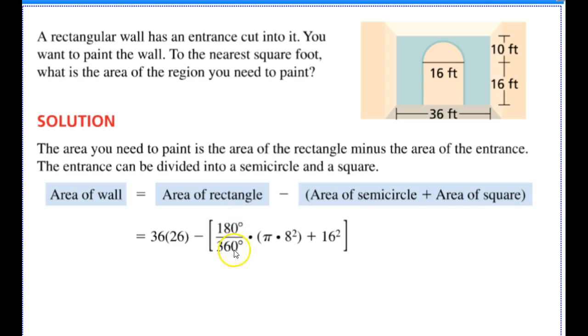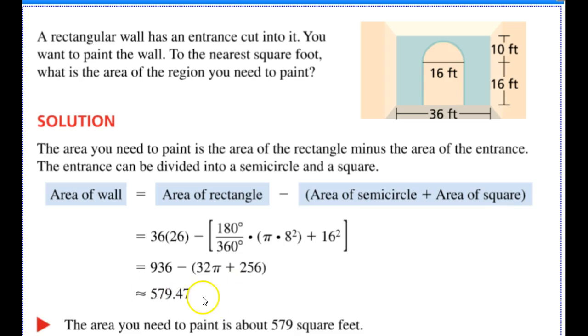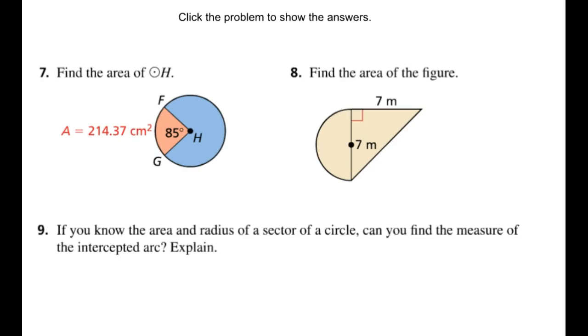So I've got my 180 divided by 360 times the area of my whole circle, right? Because my radius is 8, since my whole diameter is 16, plus 16 squared, which is this square piece. So now that I have this, I can just simplify all of my math and use my calculator to find that the area that I need to paint is about 579 square feet.